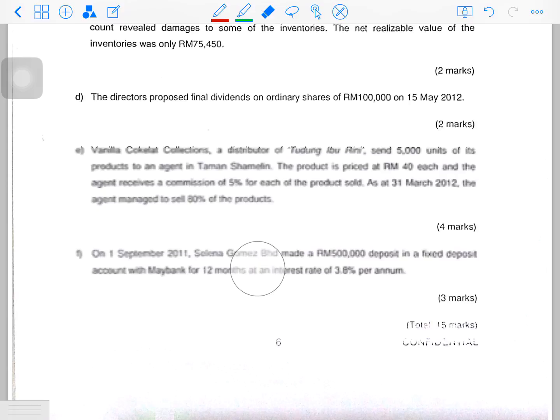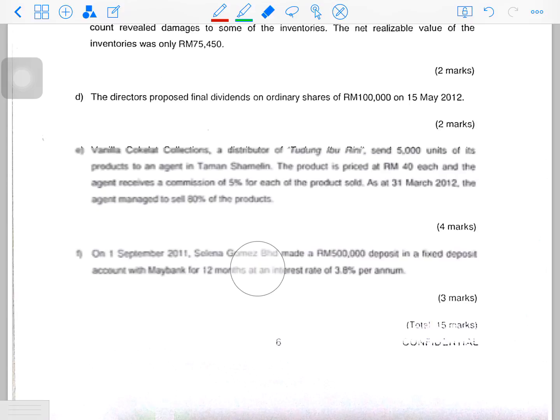The product is priced at 40 each, and the agent received commission 5% for each of the products. So as at 31st March 2012, the agent managed to sell 80%. Okay, 80%. So when should you recognize the revenue?